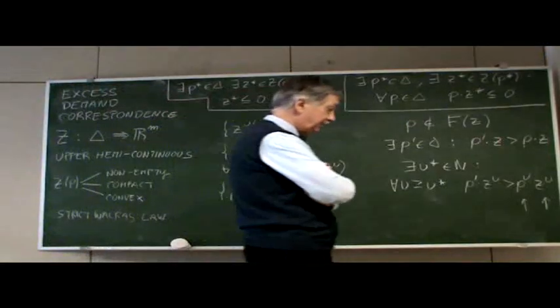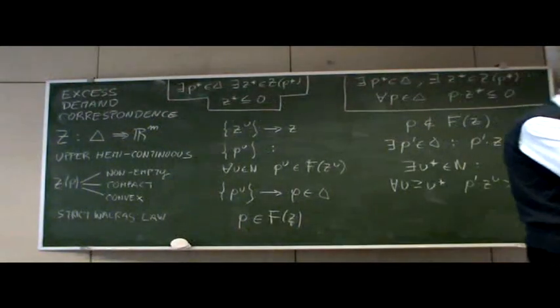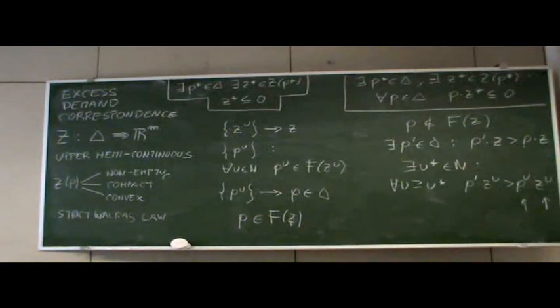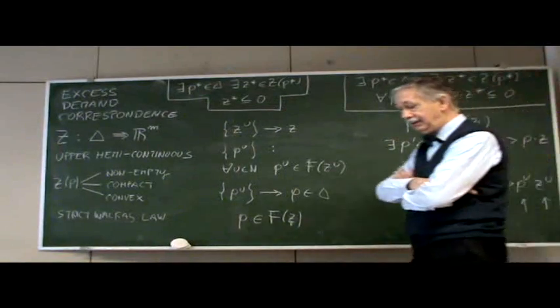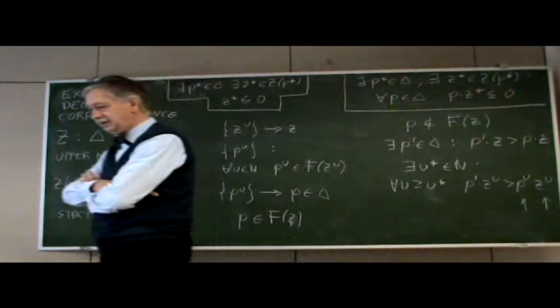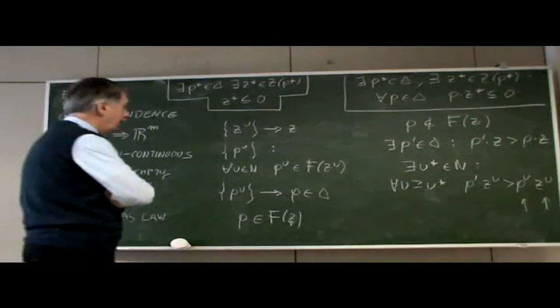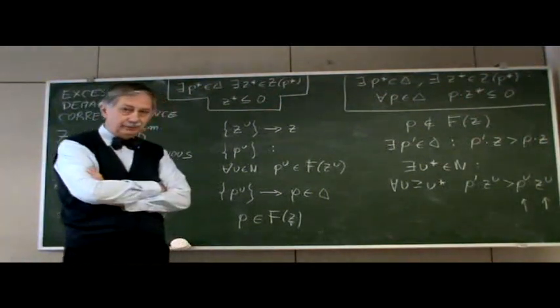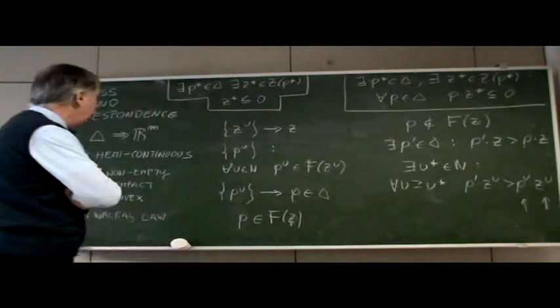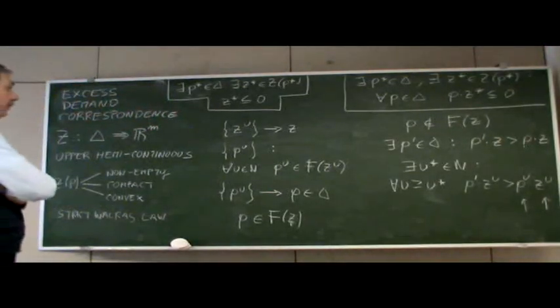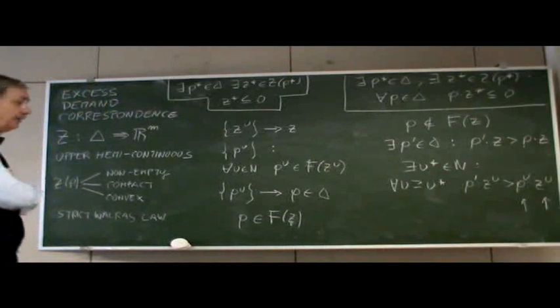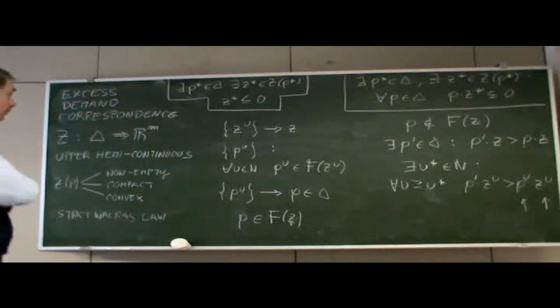In reality, this is a simple result because f is defined by means of a linear function. Not so difficult to prove. However, I shall repeat our demonstration. We must prove that the auctioneer's correspondence f is upper semicontinuous.